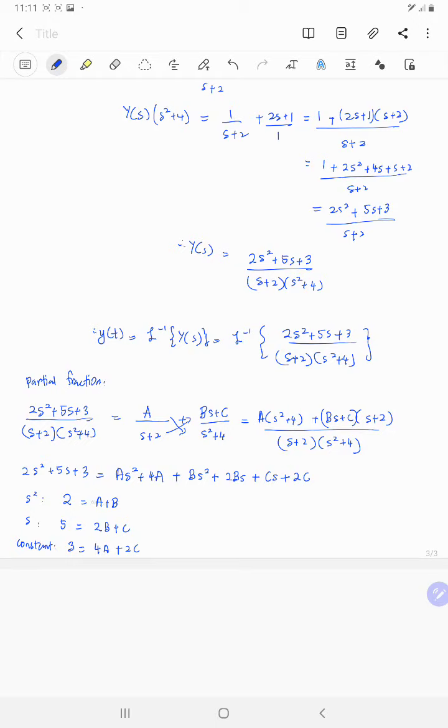So the equations are 2 equals A plus B, 5 equals 2B plus C, and 3 equals 4A plus 2C. So there are 3 unknowns, which are A, B and C.